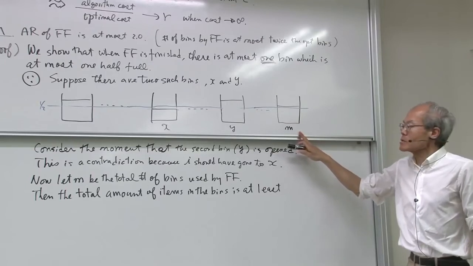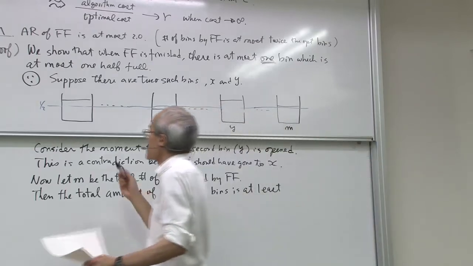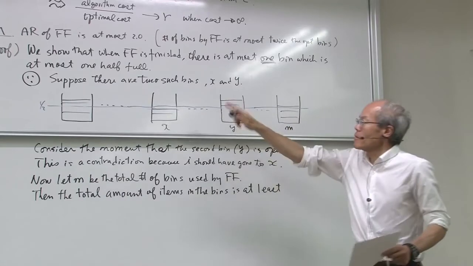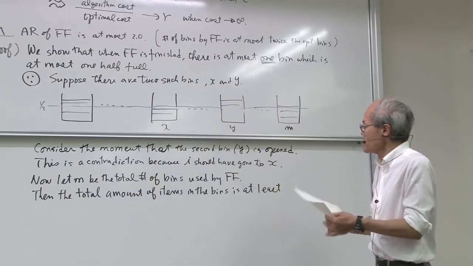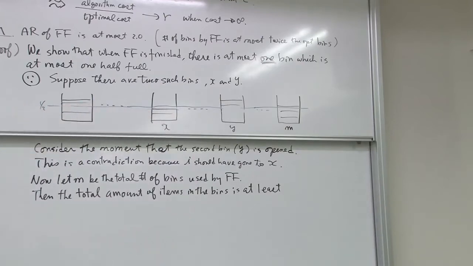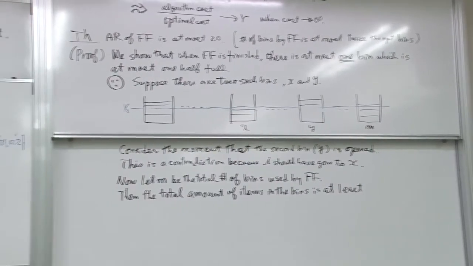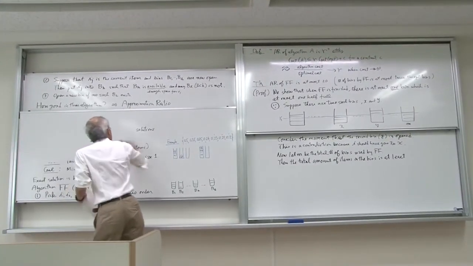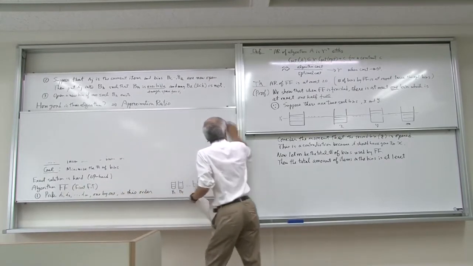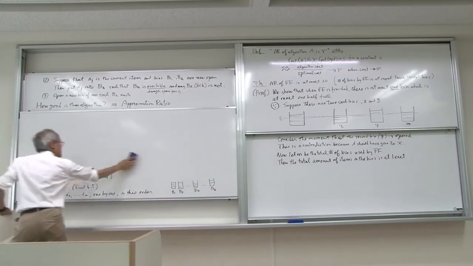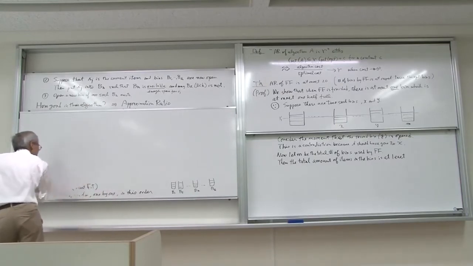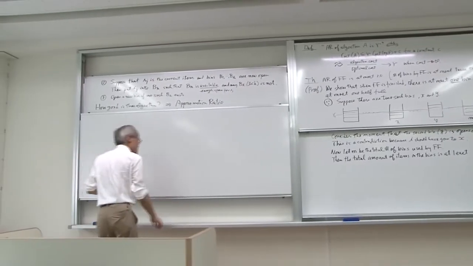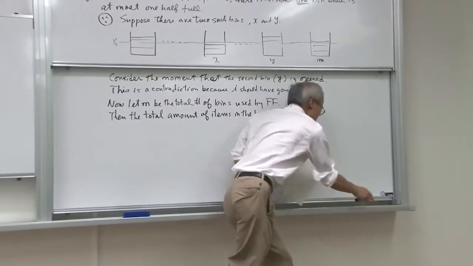Then the total amount of all items in the bins is at least the following value.